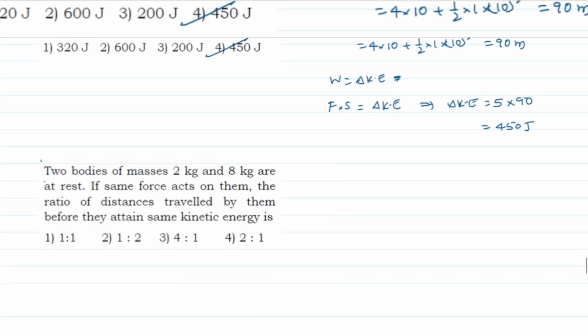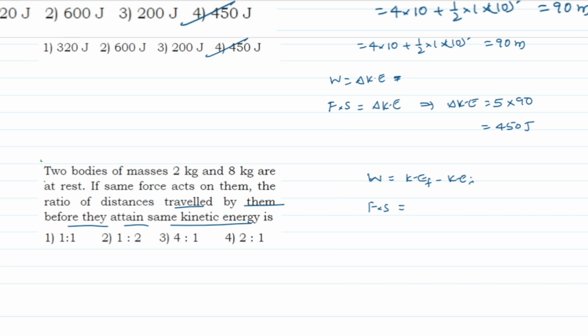Let us see the next question. Two bodies of masses 2 kg and 8 kg are at rest. The ratio of the distances travelled by them before they attain the same kinetic energy is asked. The work done by all the forces equals the change in kinetic energy, K final minus K initial. Work done is force into displacement.